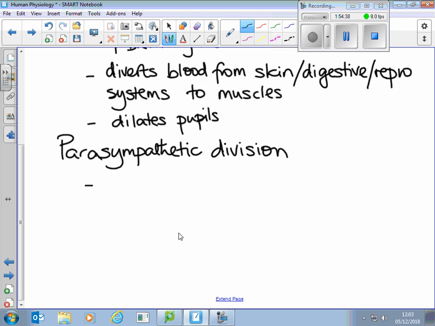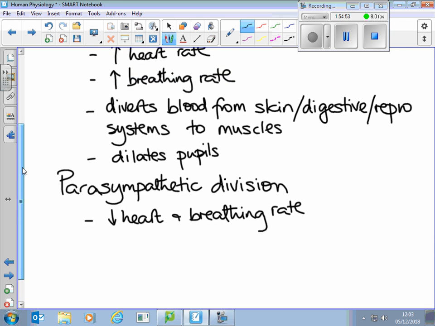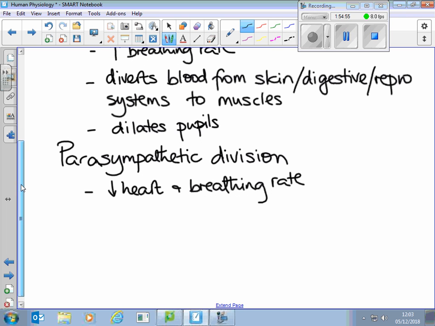So the obvious thing here, it lowers your heart rate. Actually, I'll lump these together. Lowers heart and breathing rate, so you can relax and just get on with digesting. So lower heart and breathing rate. Let's do these in the same order. And then, of course, your blood can now go to your skin, digestive and repro systems.